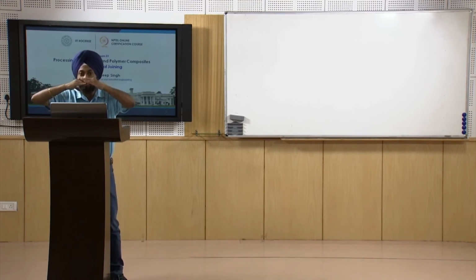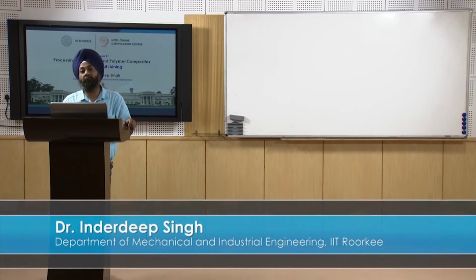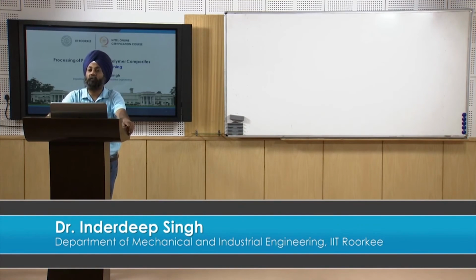So we have two adherends, we have joined them using a mechanically fastened joint, and different loading environments may act, and these will definitely affect the performance of our joint. So that is one important parameter, the type of loading on the joint.